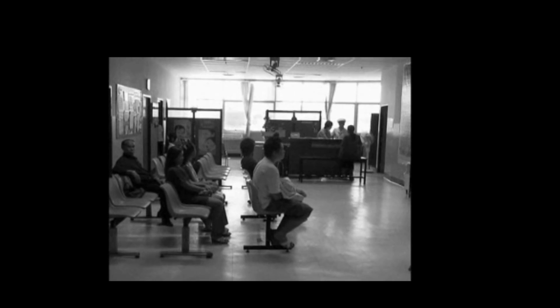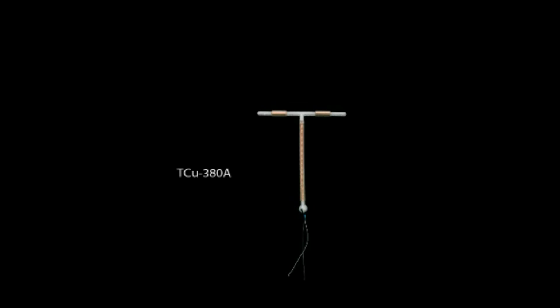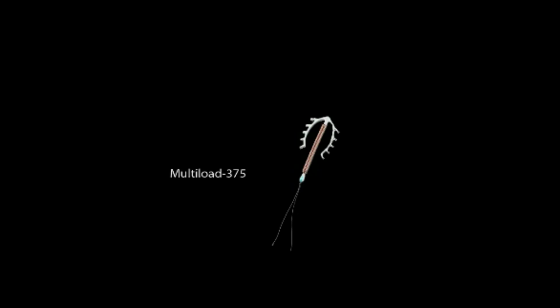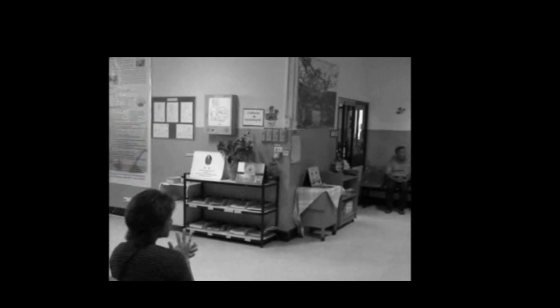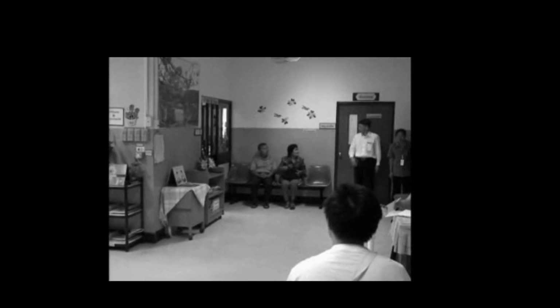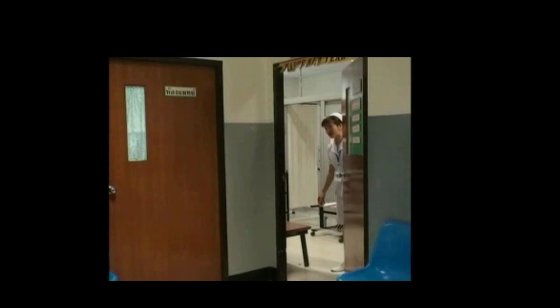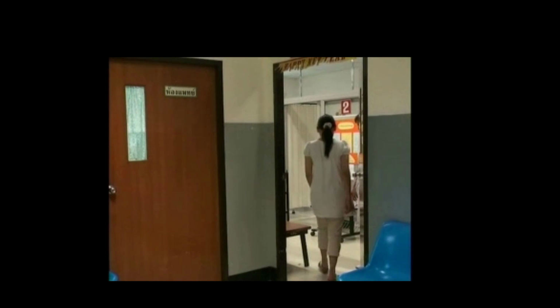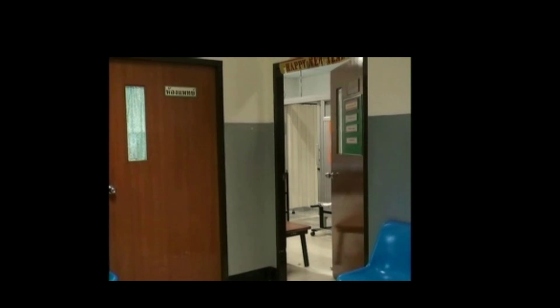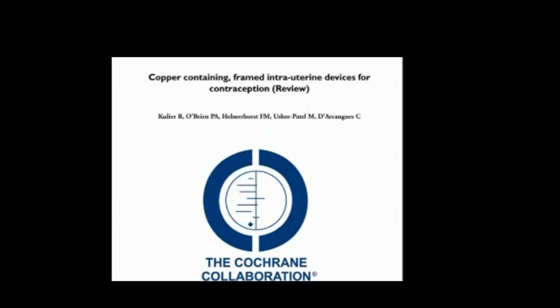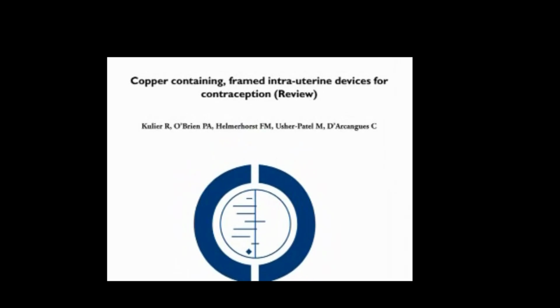Among the better-known examples are the copper T380A, the copper T220C, and the multi-load 375. These devices not only reduced the incidence of side effects compared with previous IUDs, but also had significantly longer lifespans and lower failure rates. This video demonstrates the insertion technique for the copper T380A IUD, which has been shown in a Cochrane review to be more effective than other IUDs.